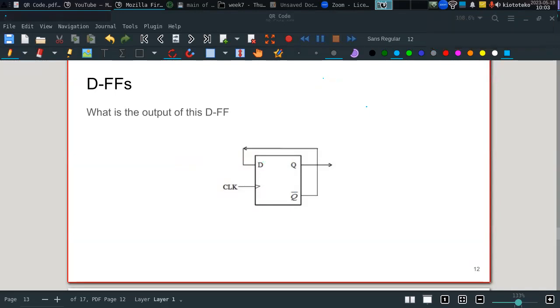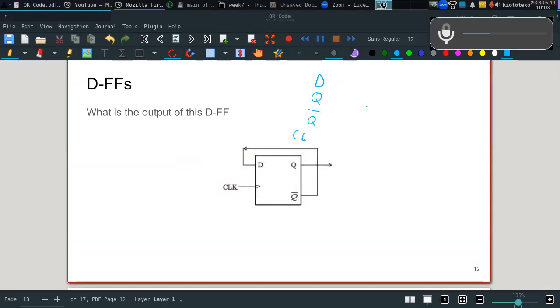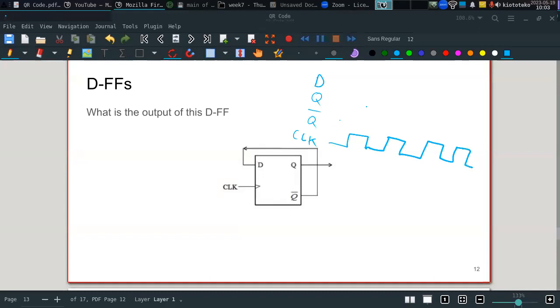Let's see. We have D, we have Q, not Q. And we have the clock signal. So let's assume we have this clock signal. So let's assume first we have Q at 1 and not Q at 0. And D is equal to not Q, because of the way they are connected.